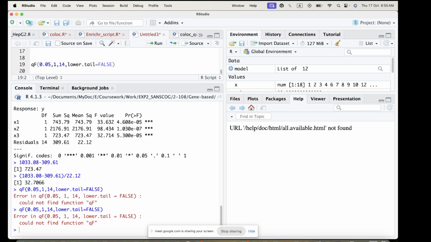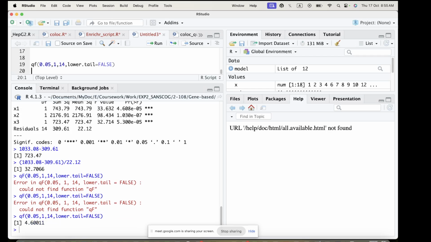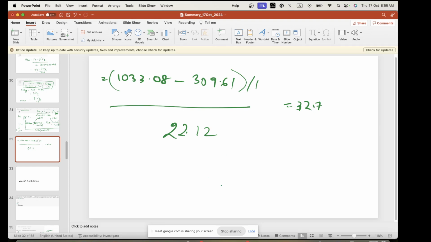Why is it saying cannot find? Okay, qf. Okay, so this is 4.60011.